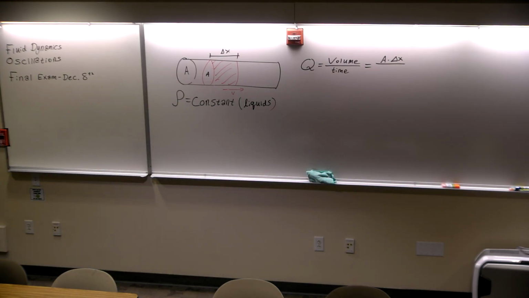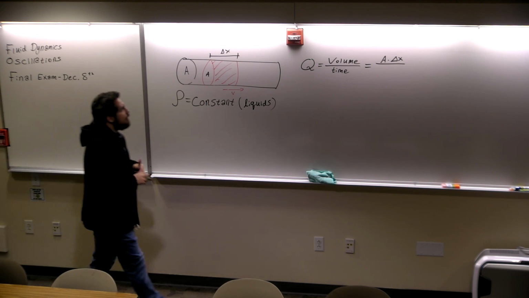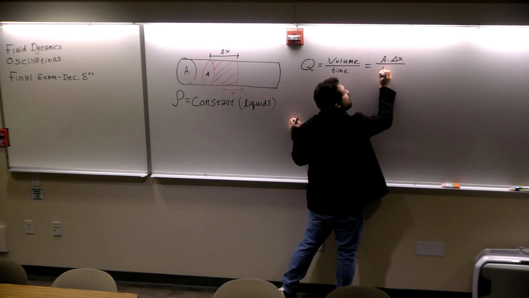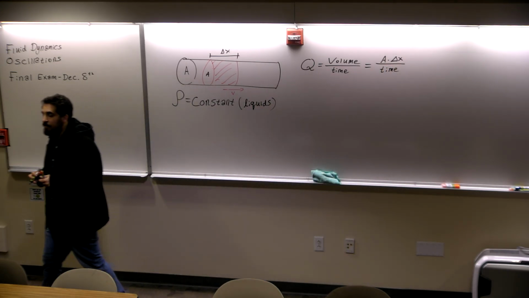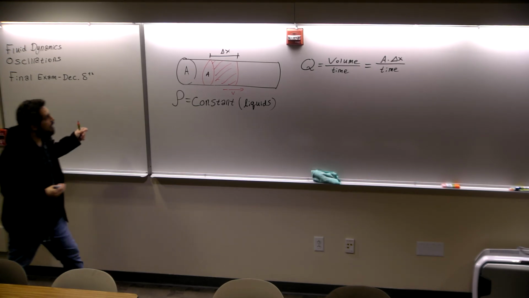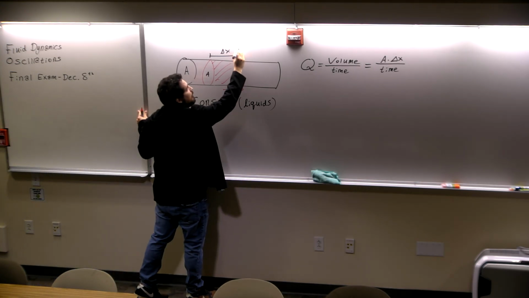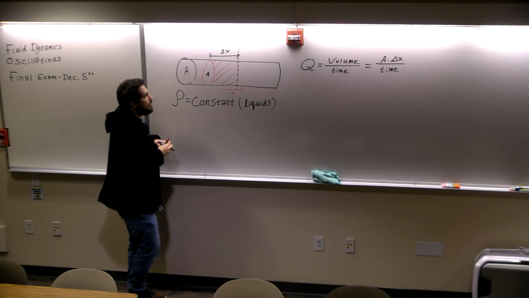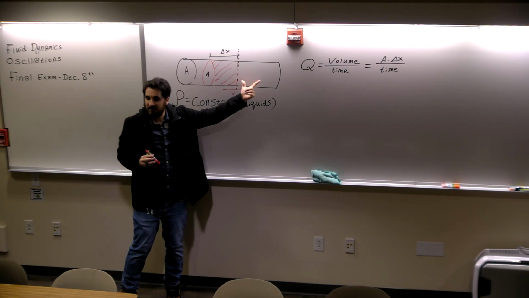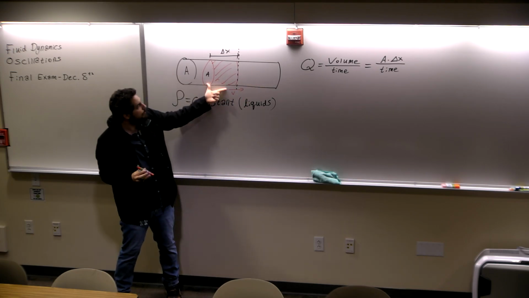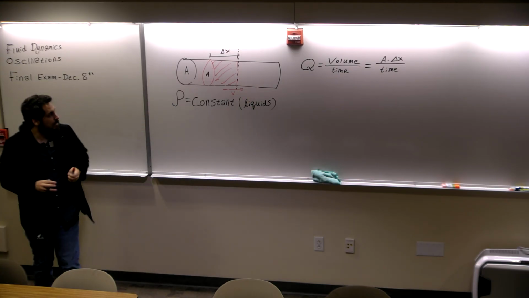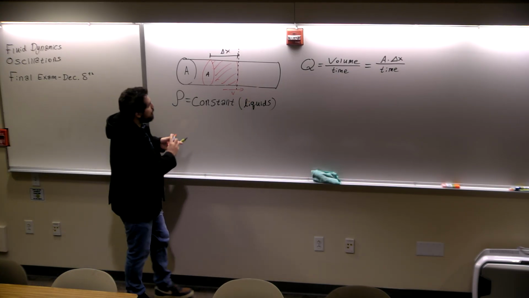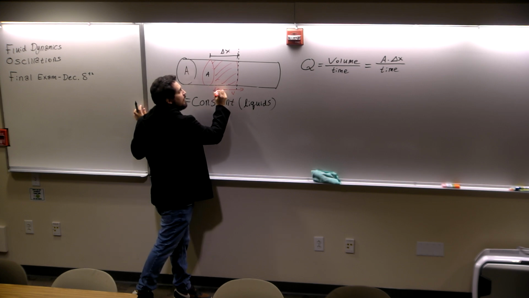Not so bad, yeah? We continue to take a look at this and we say, okay, well, we divide that by time. What is this time, though? This time is the amount of time it takes for this volume of water to move past this end line, to get this total volume of water to flow forward. So we start off in this initial red region.